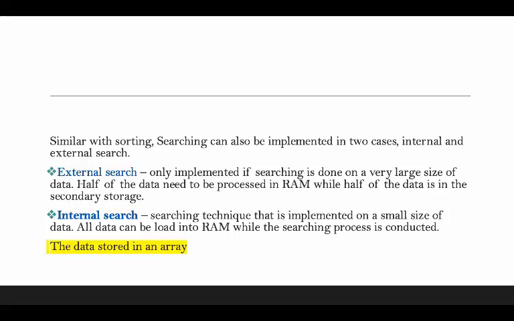The other one is internal search, the searching technique implemented on a small size of data, where all the data can be accommodated in the RAM while the searching process is conducted. For example, the data can be stored in an array, and we focus on internal search.